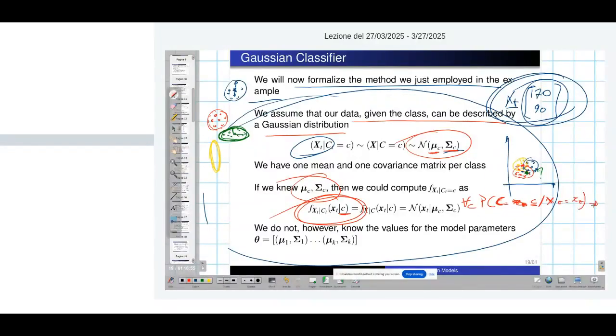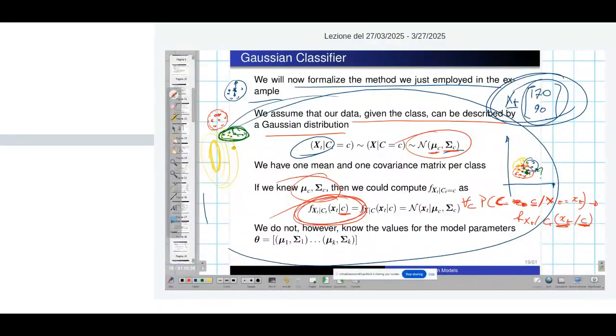And for this, I need to compute the class conditional probabilities for the samples given all possible class labels. So for each of these classes, I will have my test point here, and I will compute the likelihood using the density of the yellow class. So here I will have a value for the likelihood of the yellow. The same for the green, for the red, and for the blue.